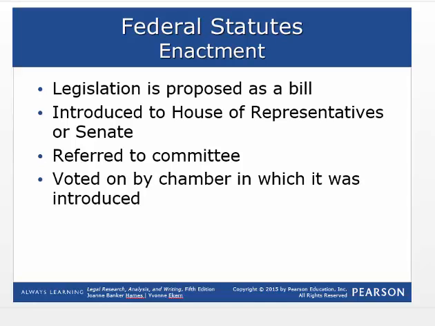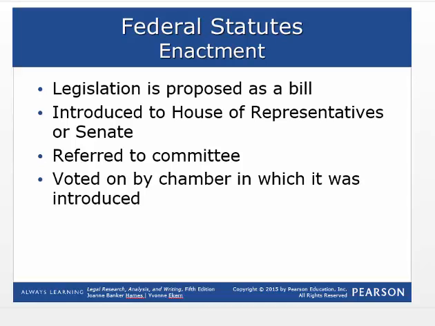We have two houses of Congress. It's bicameral. We have a House of Representatives and we have a Senate. Those two houses together make up the U.S. Congress. There are lots of political rules and constitutional rules governing how they function. But legislation is proposed as a bill.